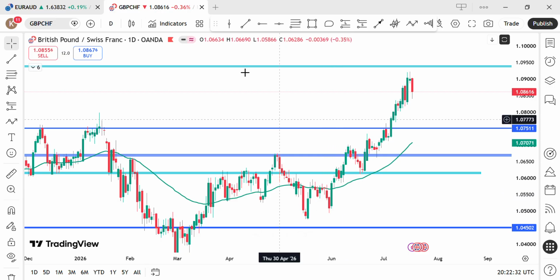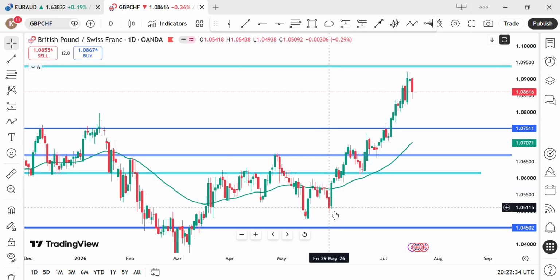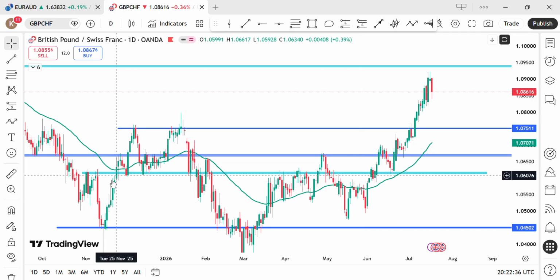So when the market started a bullish trend over here, it broke this daily resistance. It also broke this daily resistance, and mind you, this resistance level also lines up with the weekly resistance level. So it broke this level, it broke this level, and then it broke this level too.